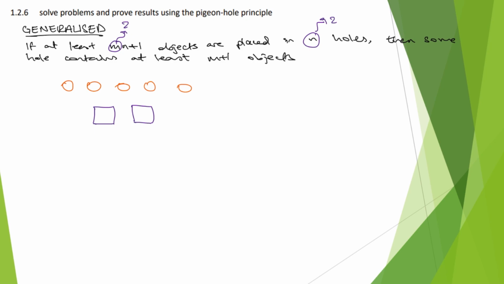If we consider the worst case scenario, we have 1 pigeon here, 1 here, 1 here, 1 here. Okay, so we have 2 in each. And then we would have 1 more in one of those pigeonholes, leading to 3 pigeons in 1 pigeonhole, which is equal to m plus 1, since m is equal to 2. Okay? All right.